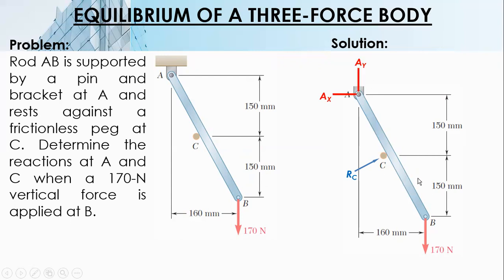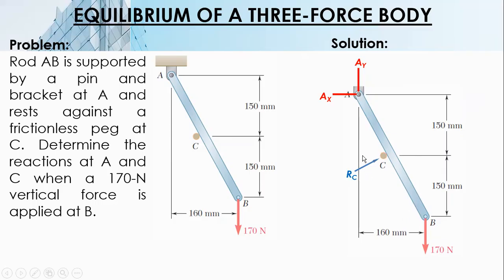Now, if you will not use three-force body analysis, we have the conditions: summation of force in X, summation of force in Y, summation of moment. It is possible. Since you can compute the direction of this from 300 over 160, you can compute this angle, right?